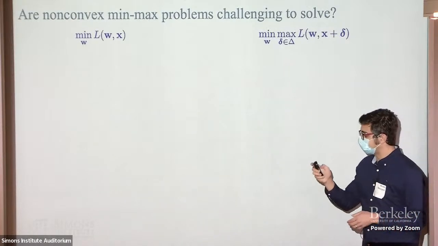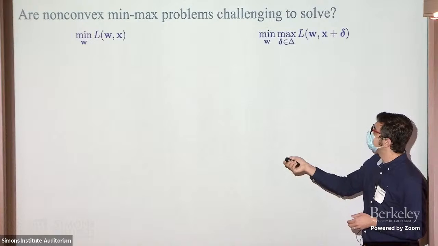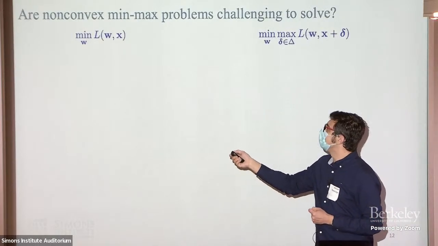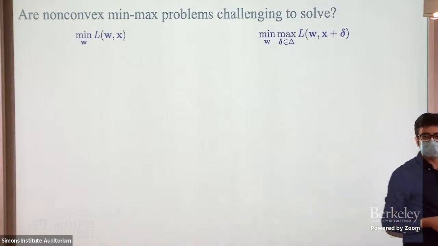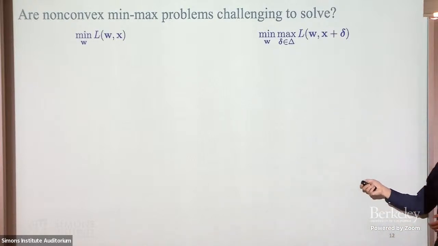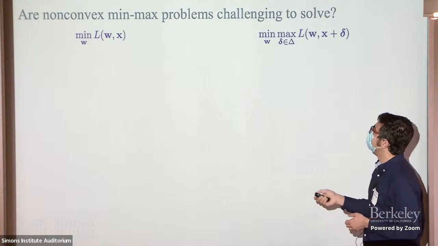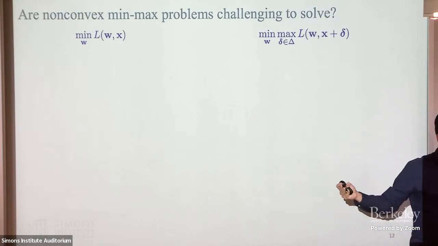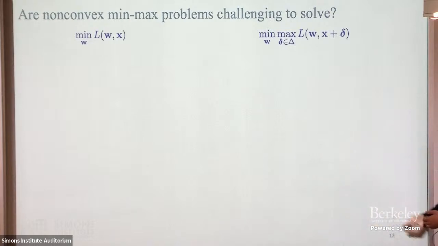In the left-hand side problem, you want to find the best parameter W so that, given your input data X, you have the minimum training loss. This L you can think of as an ERM loss, a summation of all losses. The right-hand side considers the worst-case perturbation delta. That is basically, you solve a min-max problem.